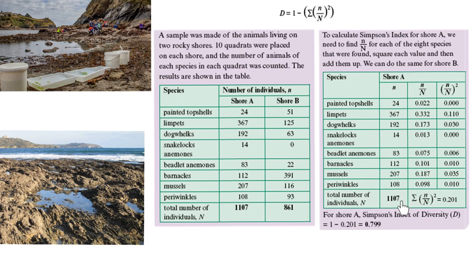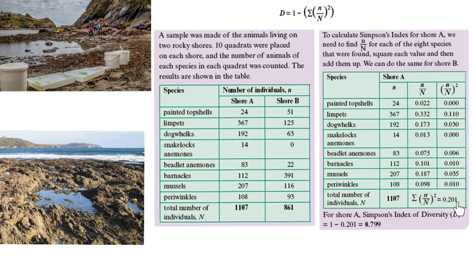So that's our 1,107. So all you do then is you divide little n by big N, and you get this number, and then you square it. And you do the same for each one, and you square each one individually, and then you add them all up.